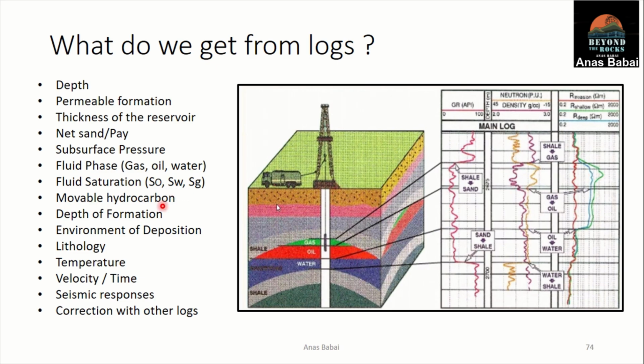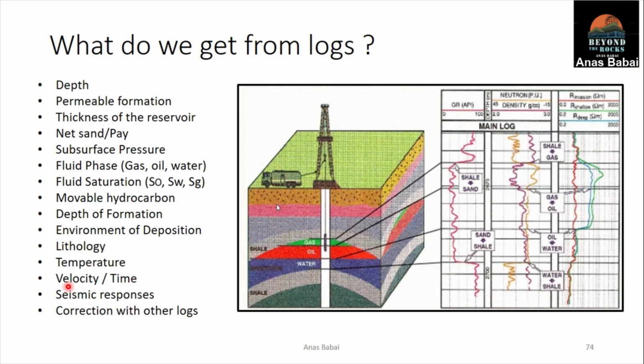hydrocarbon reserve. The movable hydrocarbon can be calculated from the saturation values. The depth of the formation, and the environment of deposition, we have seen how we can get it from the gamma ray response. The lithology is also from the SP and gamma ray. Temperature from the temperature log, the velocity and time.